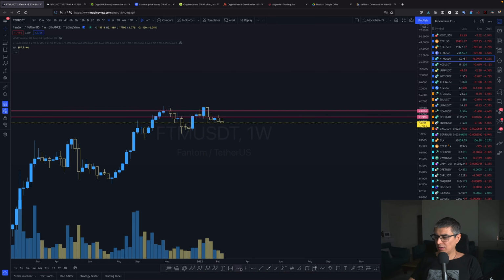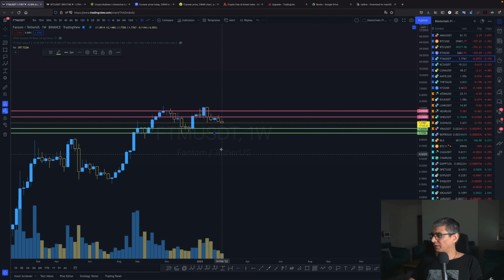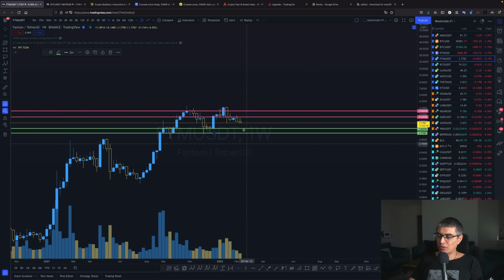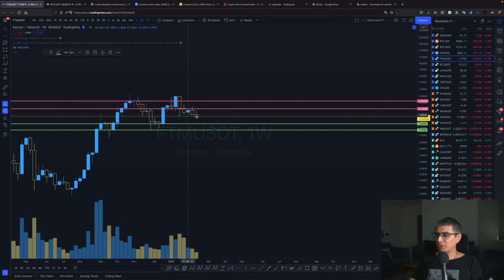And here we have this level, which should be green, and this one as the closest ones. Of course, if these two levels break, then we can talk about this area close to 20 cents. But I think we are very far away from that, at least for the time being. So I will try to focus on this nearest area.